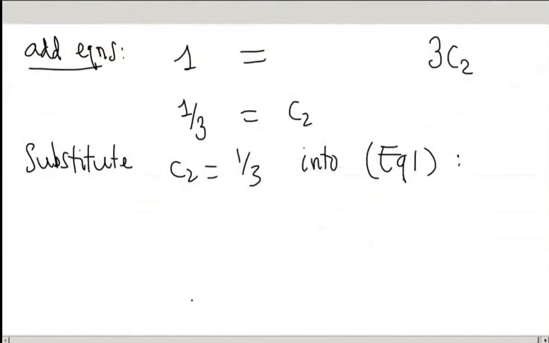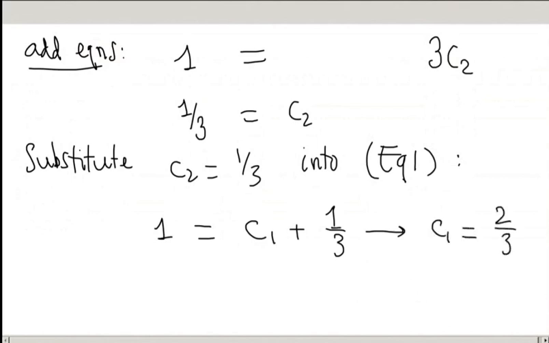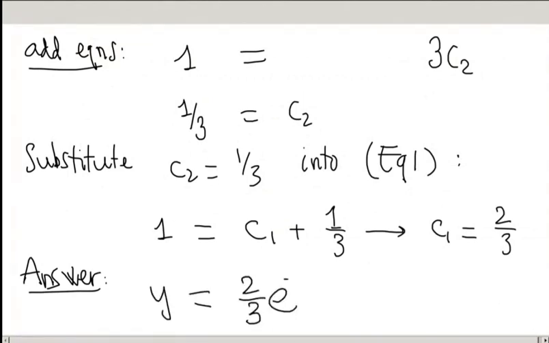Equation 1 says that 1 equals C1 plus C2, and C2 is 1/3. So from here I solve for C1, which is 2/3. Now knowing C1 and C2, we have the answer. y equals 2/3 e to the negative 2x plus 1/3 times e to the x.